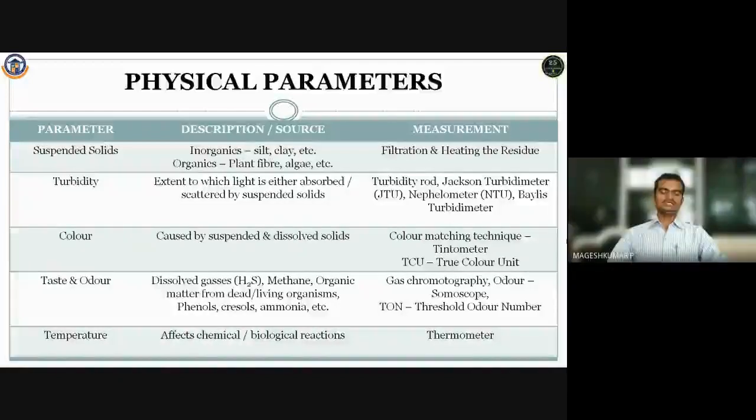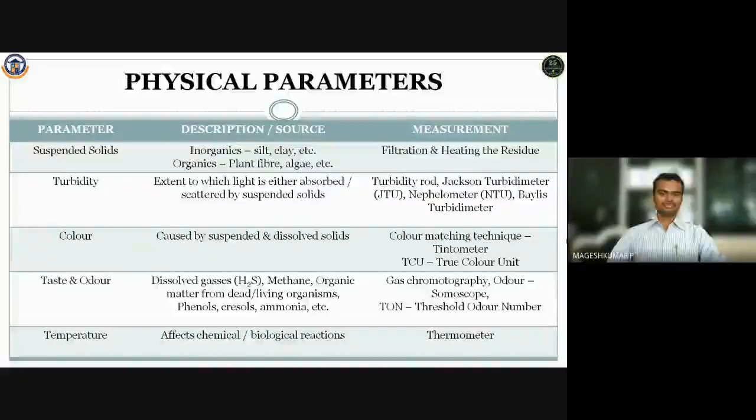So these are all the reasons for taste and odor. You can always have a bad odor during the anaerobic digestion or fresh sewage due to the ammonia. And the gas chromatography and odor osmoscope, these are all the instruments used for the measurement of taste and odor. Threshold odor number, TON, is the unit of measurement.